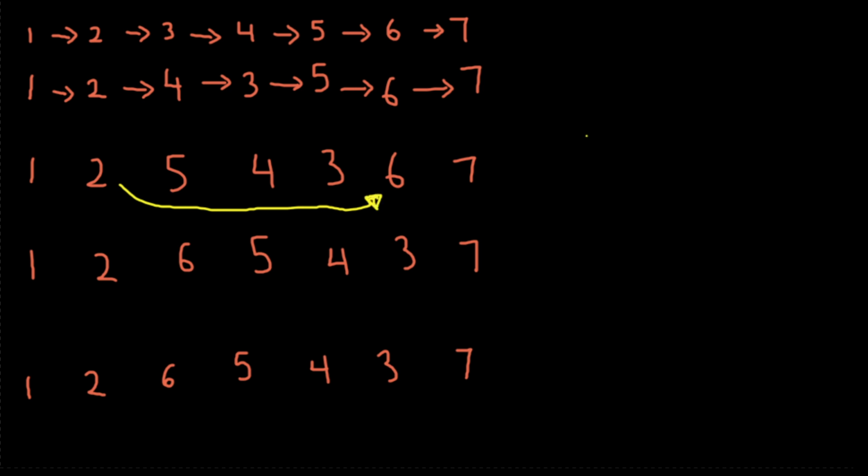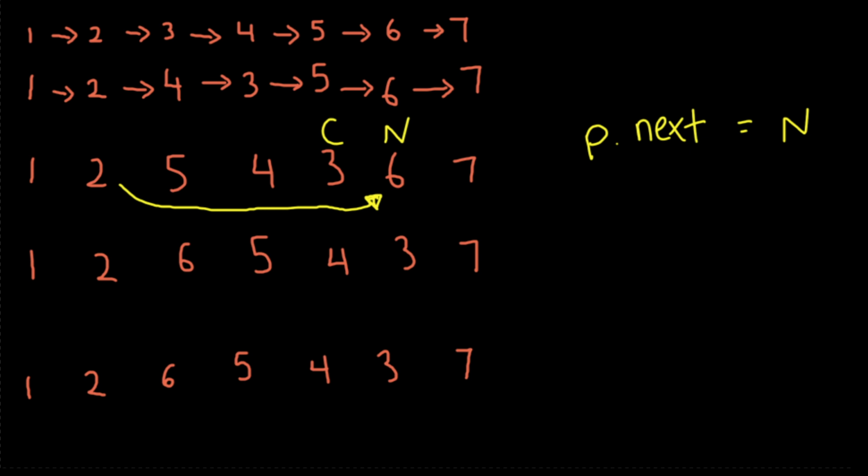So P dot next becomes whatever N is. And we said because current is at 3, N is at 6, okay? So that's one way to do it.